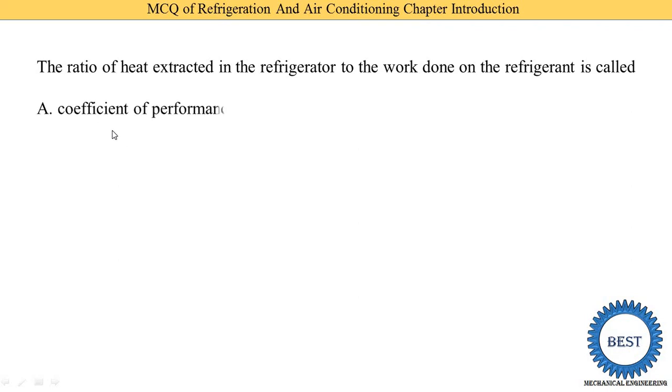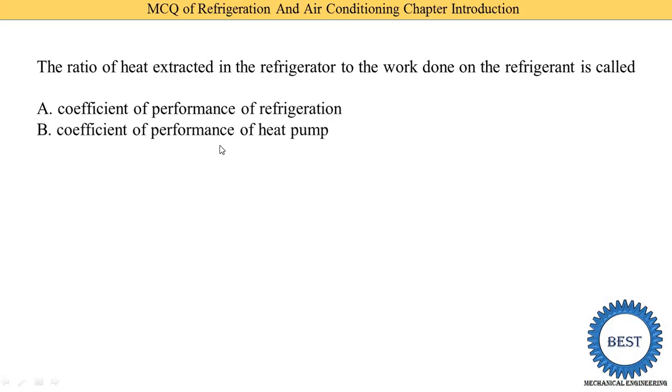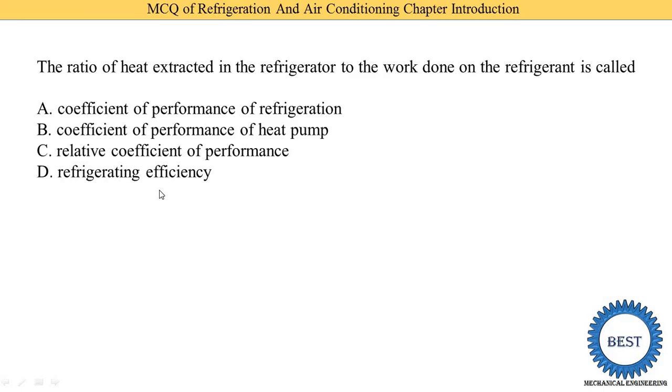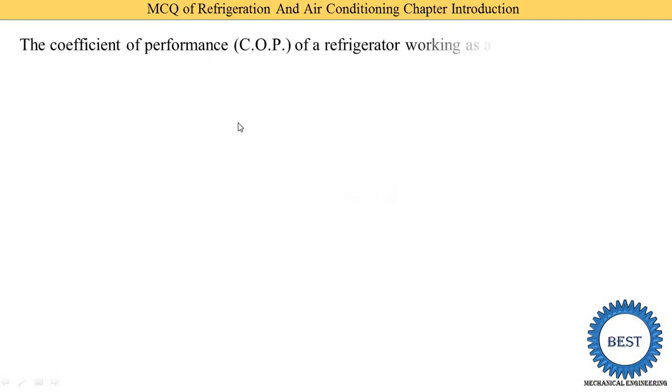The options are coefficient of performance of refrigeration, coefficient of performance of heat pump, relative coefficient of performance, and refrigerating efficiency. In refrigeration and air conditioning the term efficiency is not used; COP is used. The correct answer is option A, coefficient of performance of refrigeration.